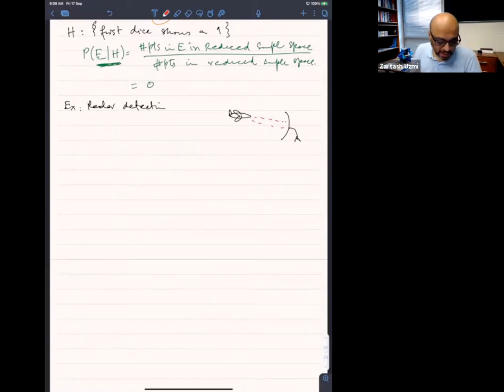So let's say in an airspace the aircraft is present only sometimes, with probability 0.05. A very small probability that it will come, 1 out of 20.